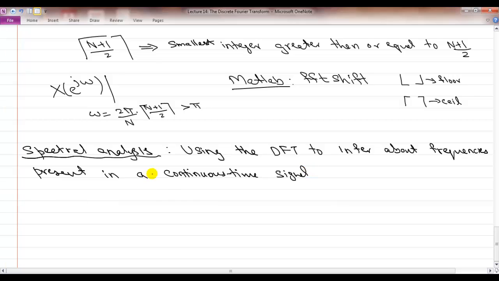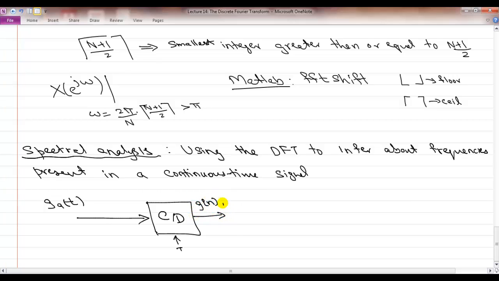Okay? So the way spectral analysis works is you are interested in analyzing the frequencies in some continuous time signal g_a(t). And what do you then do? You sample it at some time period T, and you get a sequence g[n], and then you carry out the DFT of that g[n] to get the DFT coefficients G[k].